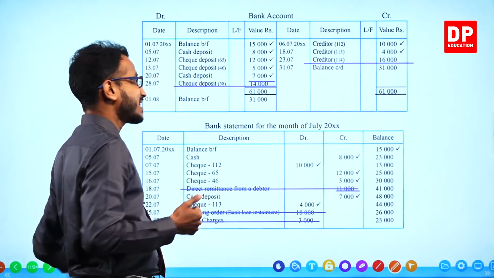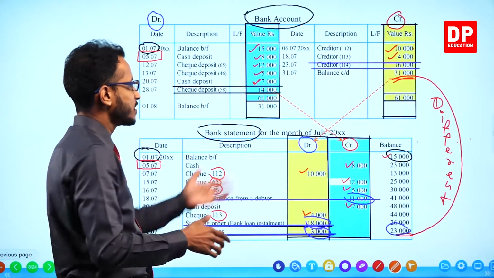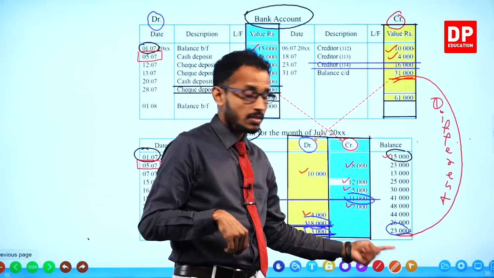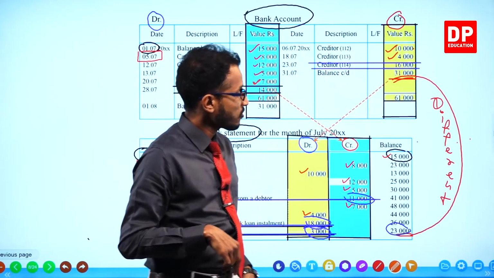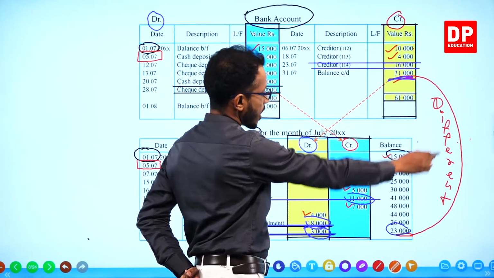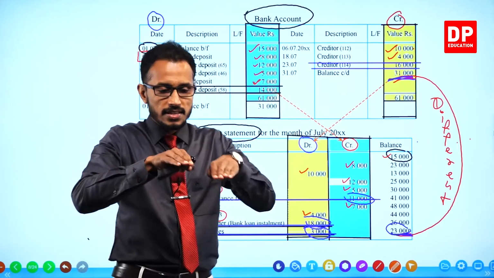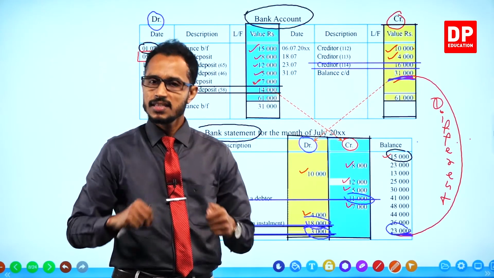Well, if you are still wondering what is the issue, this is the issue. This is the problem. The final balance of our bank account and the final balance of the bank statement, they do not tally. They are not the same. That is the issue.